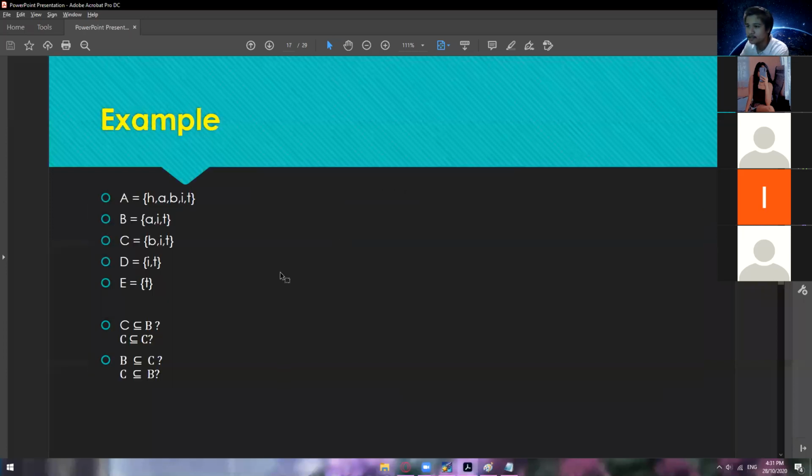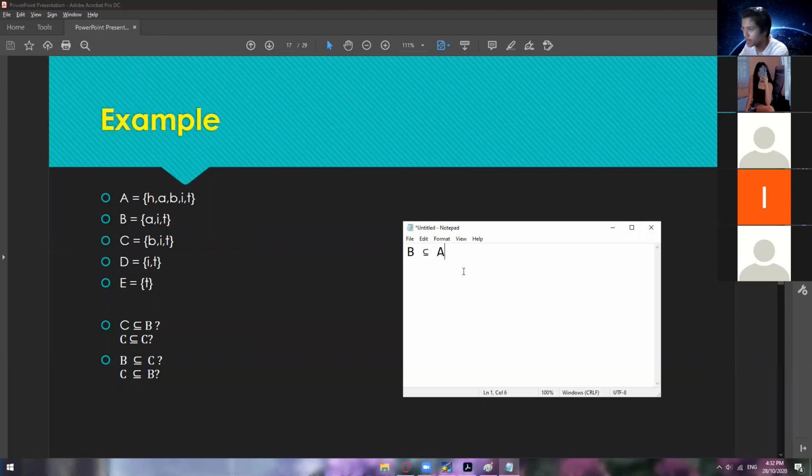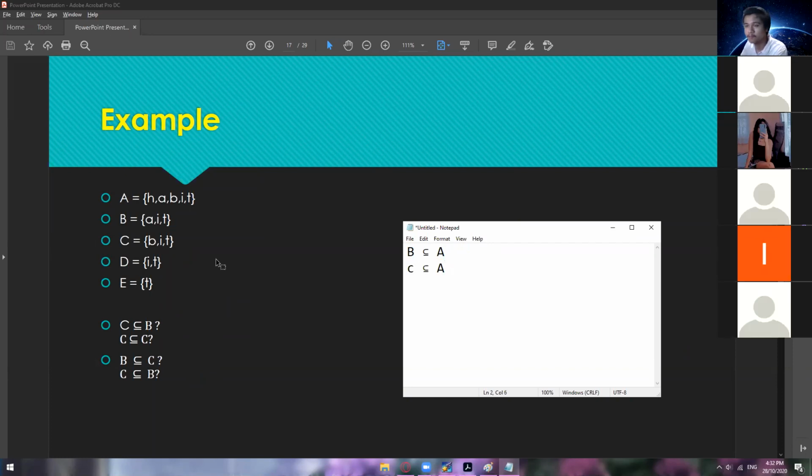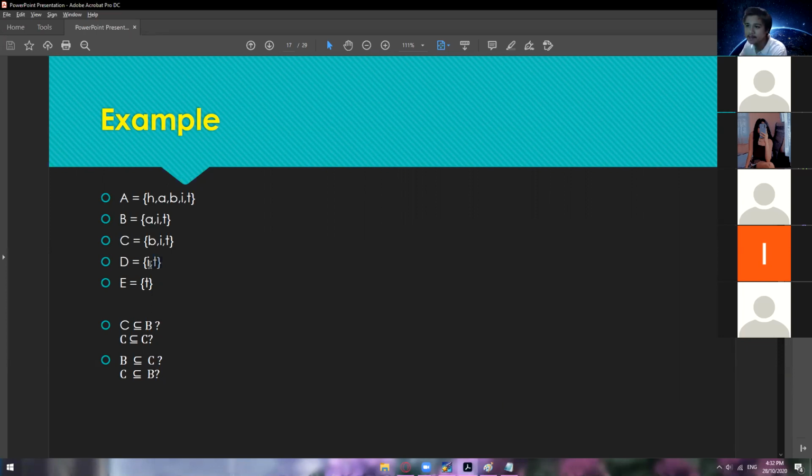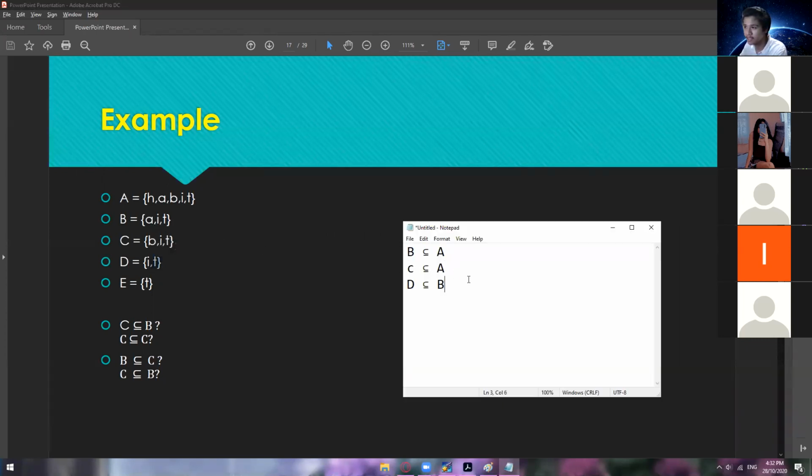B is a subset of A, because the element AIT can be found in set A. I could also say that set C is a subset of A, meaning this element BIT can be found in set A. The same with letter T. D is a subset of B, meaning this element IT can be found in set B.